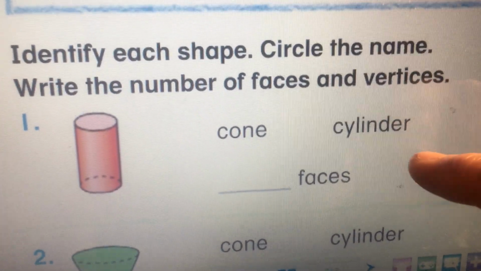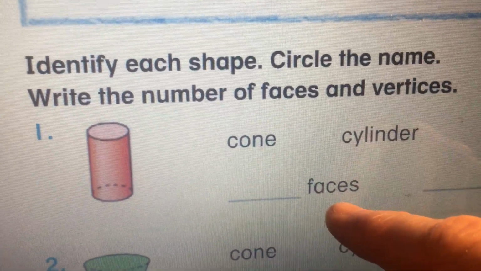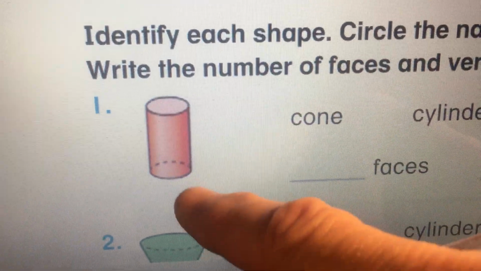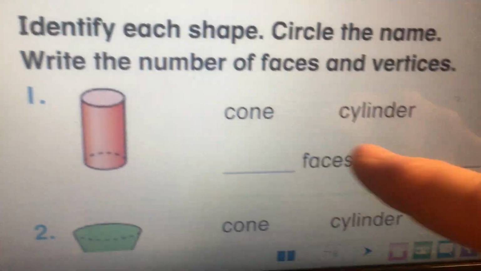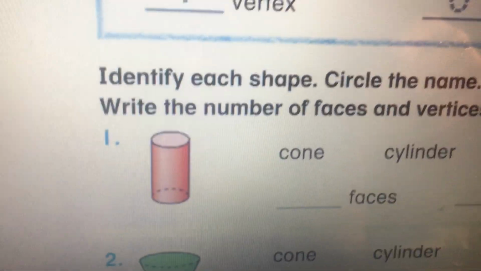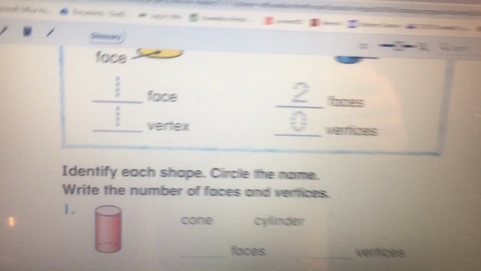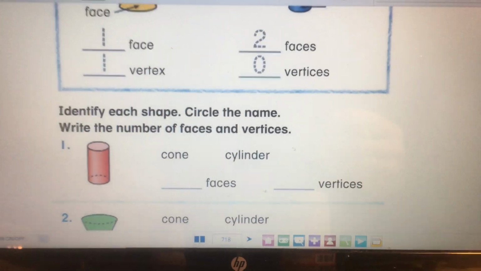And because it's a cylinder, we know cylinders have how many faces? One, and then the one on the bottom, two. So you're going to put a 2 here. How many vertices? There are no corners on that cylinder. So you're going to put a 0 there.